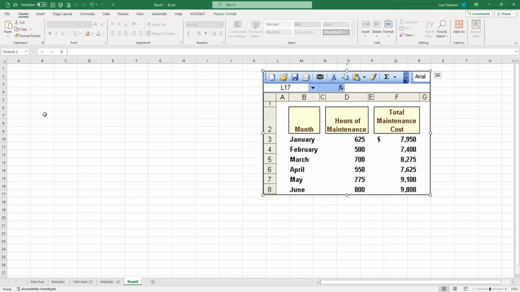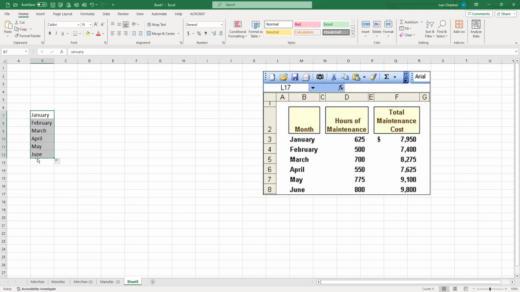Now what we have is January, then we have February, and let's not waste any more time, all the way to June. Those are our months. Then we have hours usage, and then we have the total cost.